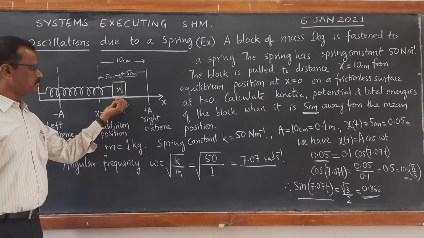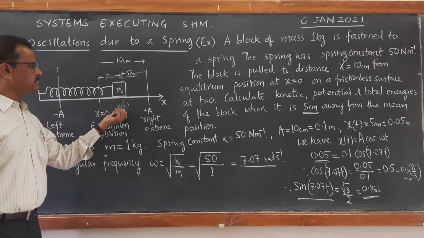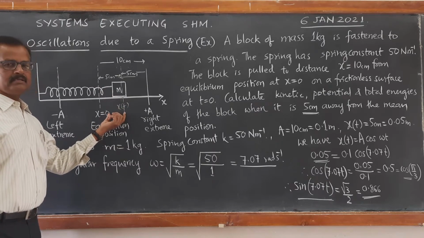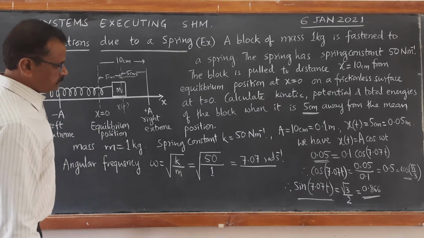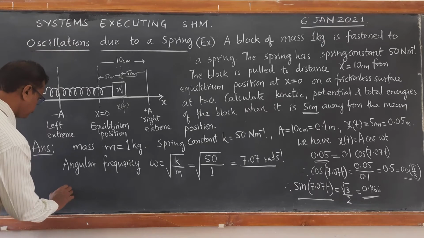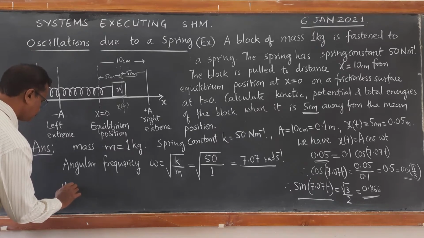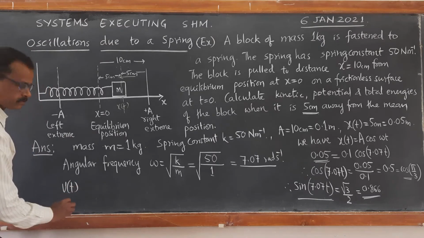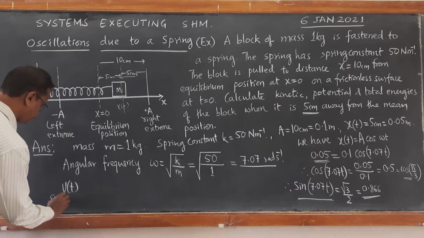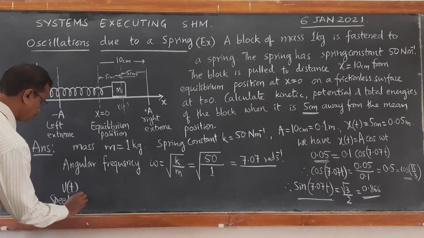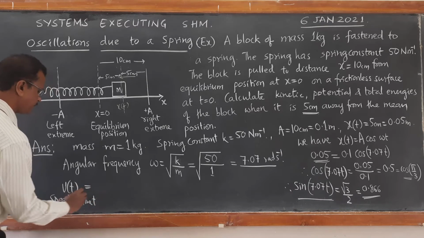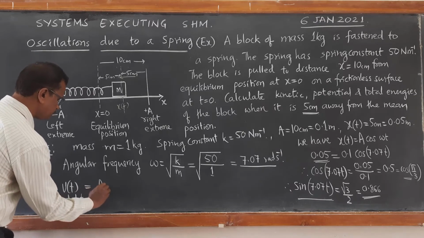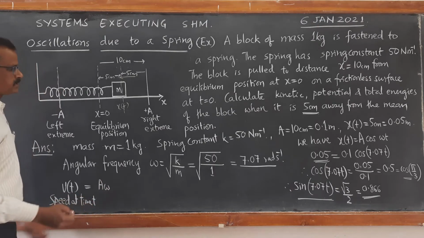So what is the velocity at this 5 centimeter from the equilibrium position? That we can calculate. So velocity, I can write it as speed at time t. It is given by A omega from this equation.